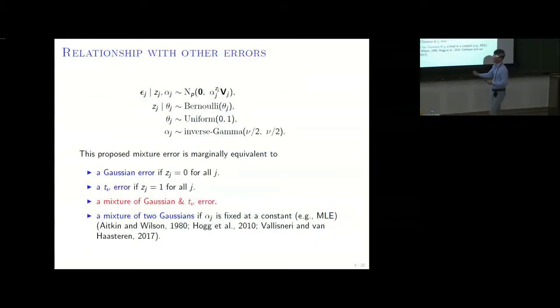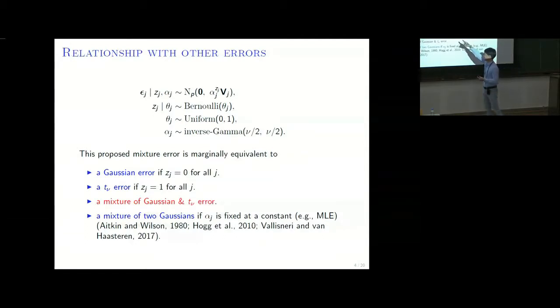And this proposed mixture error is marginally equivalent to a Gaussian error model if the outlier indicators are fixed at zero. And it becomes a T error if the outlier indicators are fixed at unity.